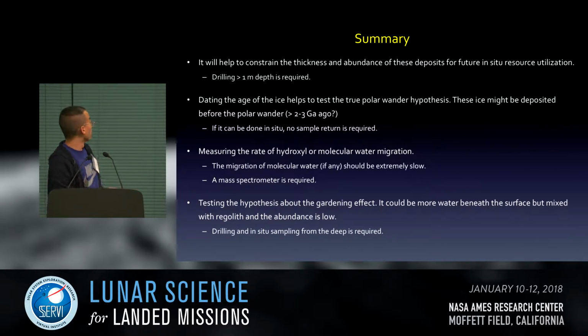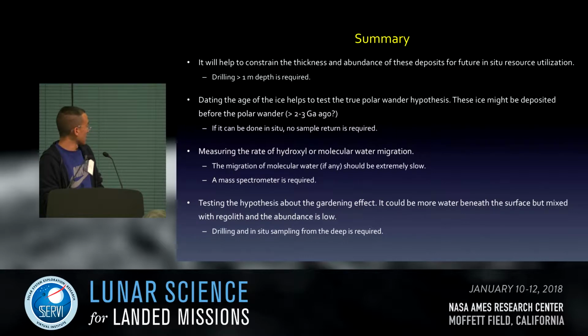This ice might be very old, because after the Moon moved to its current axis, we don't see ice deposits at Amundsen crater. So it could be very old deposits, and the supply of that water is very slow. Also, if we measure the rate of hydroxyl or molecular water migration, this may help test our hypothesis.